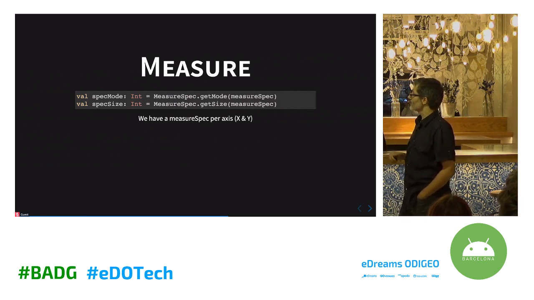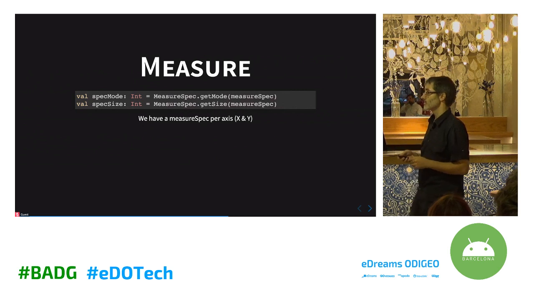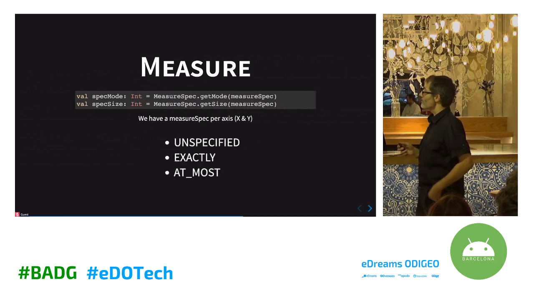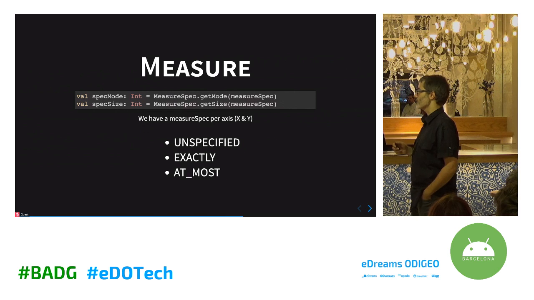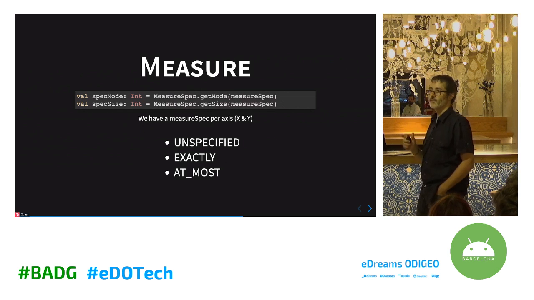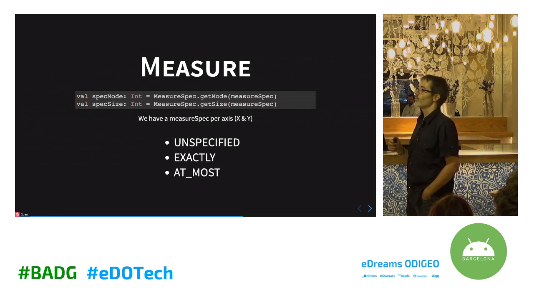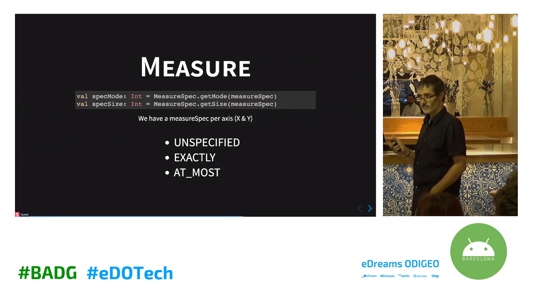A measure spec together contains a size and a mode. Basically, mode can have three values: unspecified, exactly, or at most. Exactly means that we set this dimension with a specific size, for example, if we set width to 20 dps.